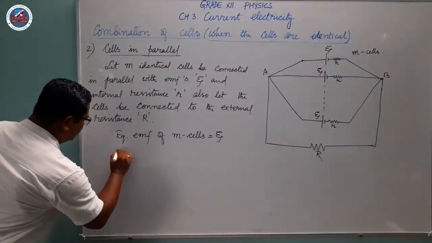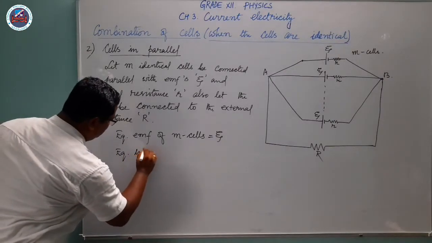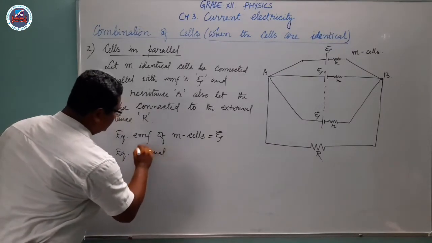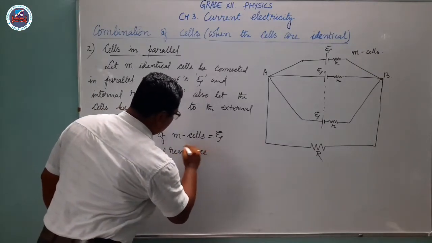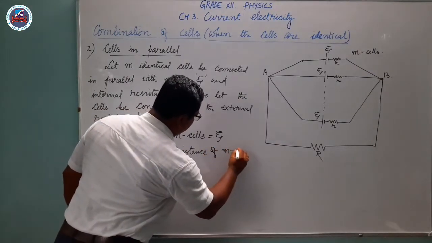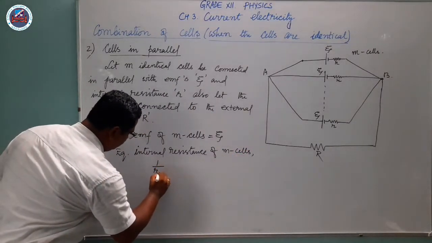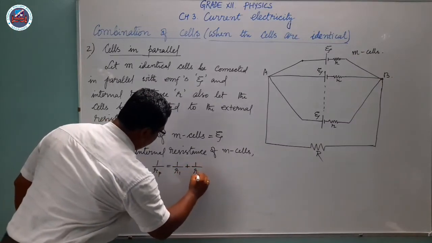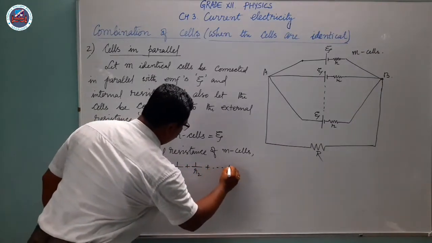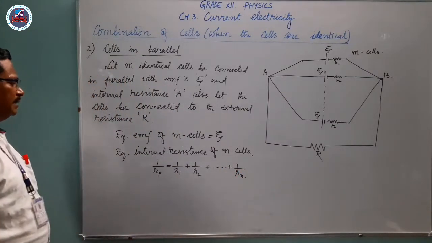So equivalent internal resistance of n cells, like this we'll find out 1 by Rp is equal to 1 by R1 plus 1 by R2 plus it will go up to 1 by Rn, as we have n cells.